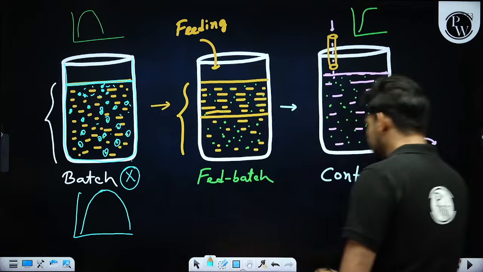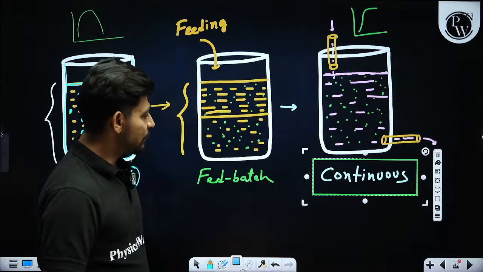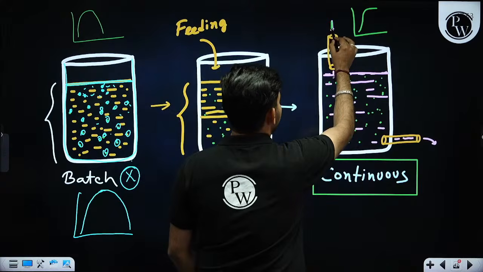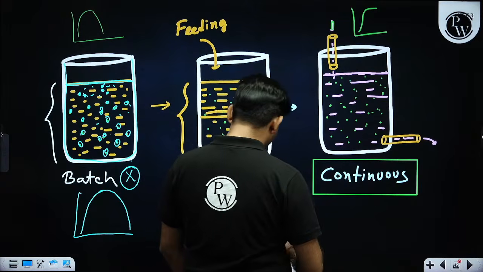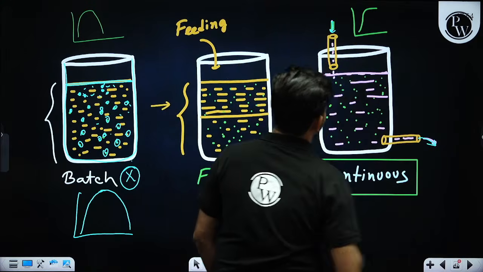Okay. So generally what we do, we perform continuous culture. Now, what do you mean by continuous culture? There are two openings, one inlet and one outlet.